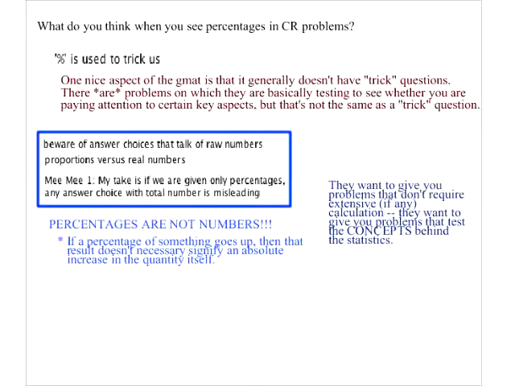And the same goes for decreases. So this is what you should be aware of whenever you see a percentage in a critical reasoning problem. You should be thinking to yourself, hey, percentages are not numbers, so what the heck?